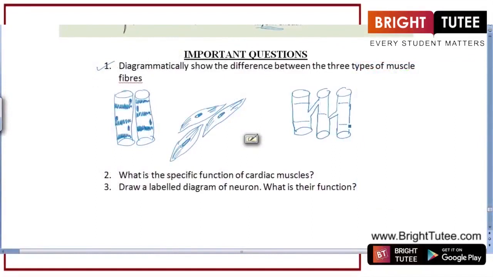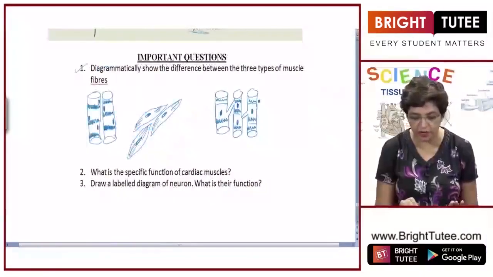These are different cells. Each cell has one nucleus, uninucleated, and the nucleus is central. They also show dark and light bands. Striated. Alright, so with this diagram you can easily differentiate between them.